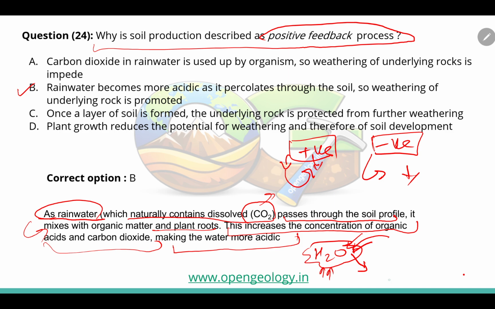This increase in heat will further increase the evaporation. Then further water vapor will increase in the atmosphere and it will trap more heat. So this is a positive feedback. Once evaporation increases the temperature, it will further evaporate and further increase the temperature. This is the positive feedback.